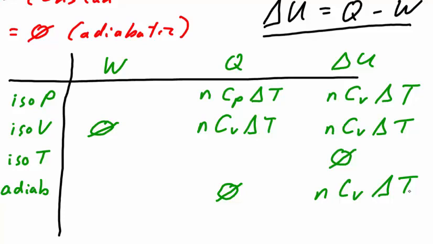There is only one of these rows in which a formula intended for heat was actually the formula that applied to delta U, and that's the row in which work was 0, which is the constant volume process. We recognize in the bottom row that we have 2 out of 3, and so plugging in 0 for the heat and nCv delta T for the change in internal energy, we're able to find the work as minus nCv delta T.